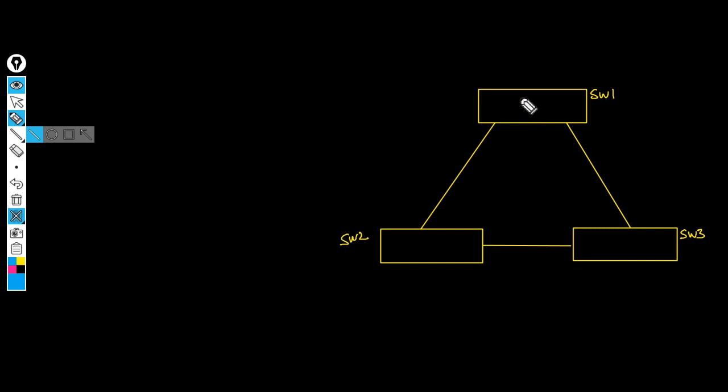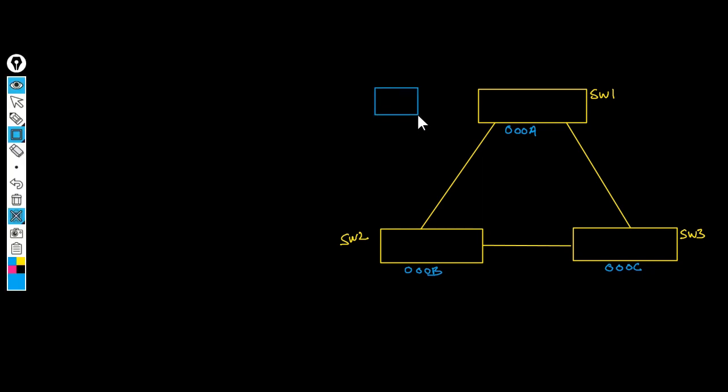Now consider the MAC addresses for the switches as well. Let's say 000A, 000B, and 000C are the MAC addresses of your switches. And consider there is some PC connected here.